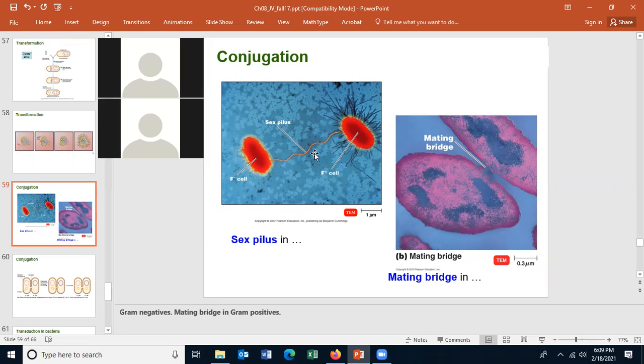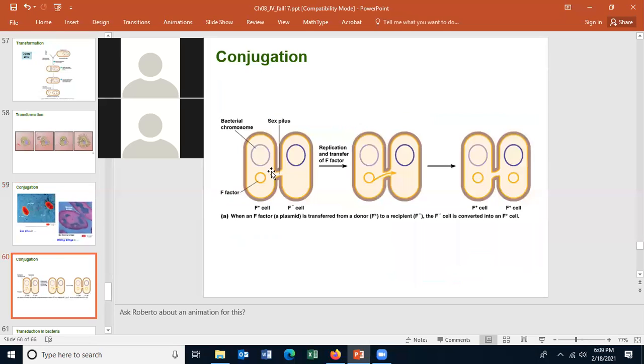And the sex pilus literally skewers an F- cell. This is the F+ cell. We'll talk a little bit more about what makes a cell F+ and what makes a cell F-. The sex pilus can actually literally skewer this cell and then act as a winch to pull the two cells closer together. They don't have to be touching, as shown in this picture where they're almost touching.